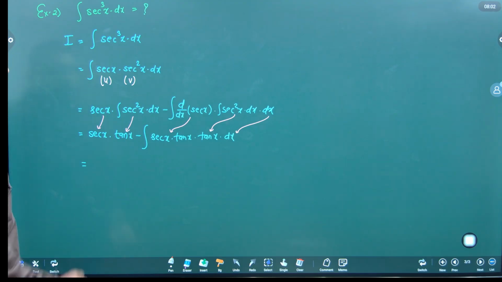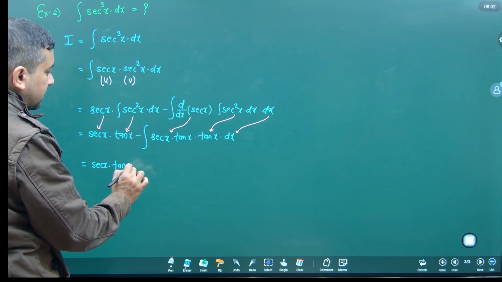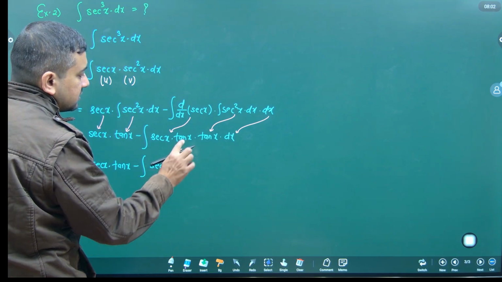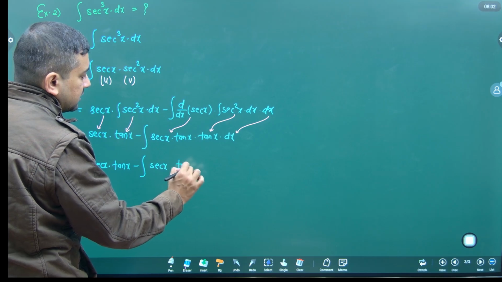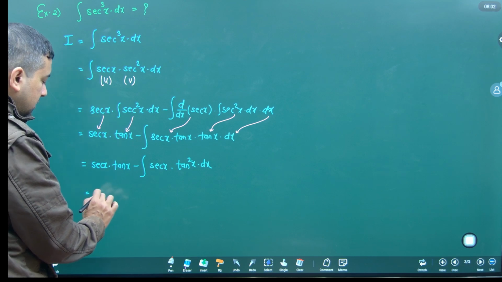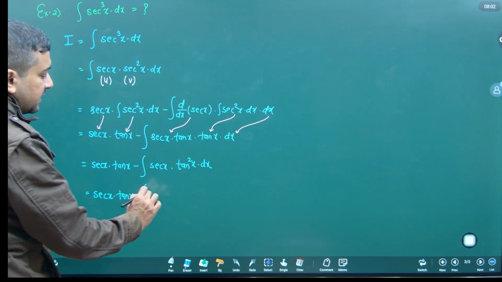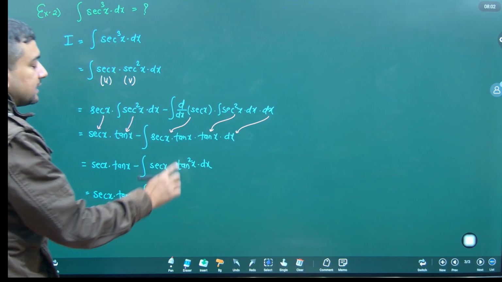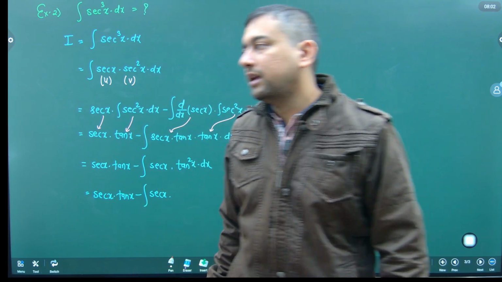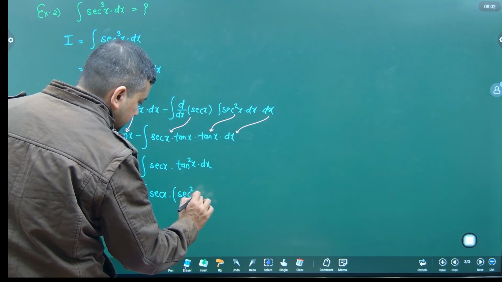So now this becomes sec x into tan x minus integral of sec x as it is, tan x into tan x, which is tan square x, dx. So this is equal to sec x tan x minus integral of sec x tan square x. Instead of tan square x, can we replace it with sec square x minus 1?